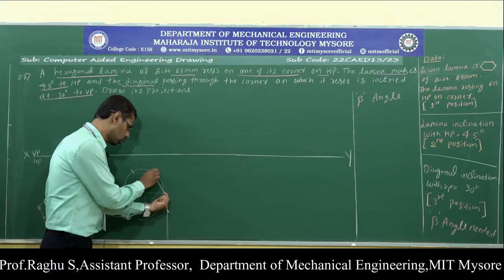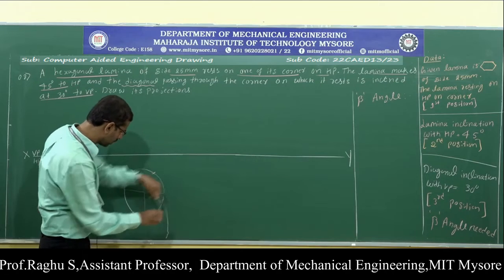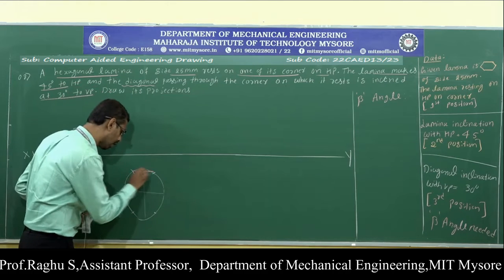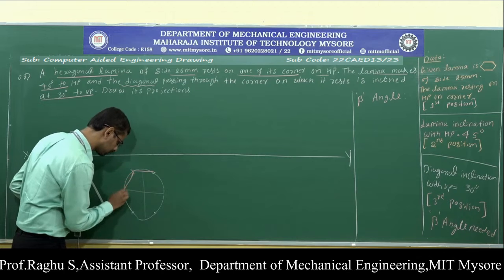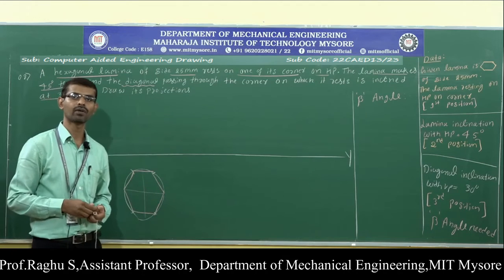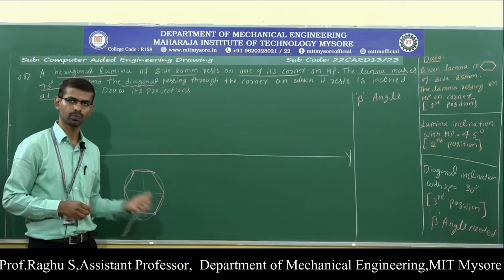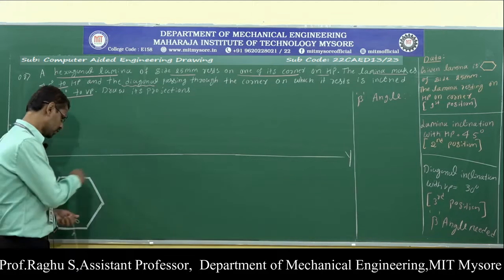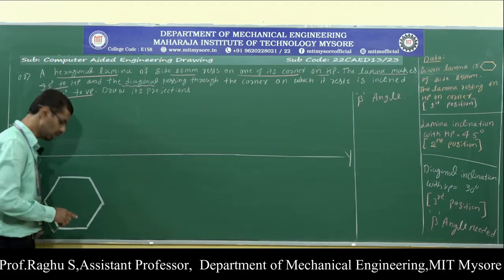Next, here also cut two arcs at a distance of 25 mm. Next, connect all the arcs. So, we will get the hexagonal lamina with corner condition. This is the procedure for construction of a hexagonal lamina with a corner condition.